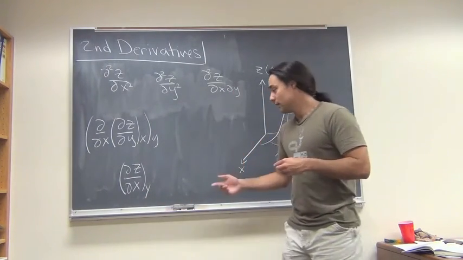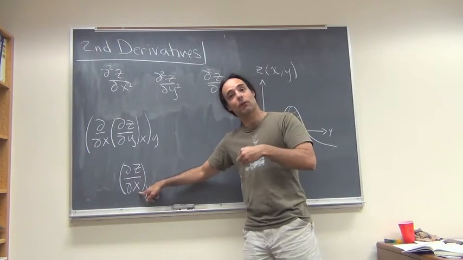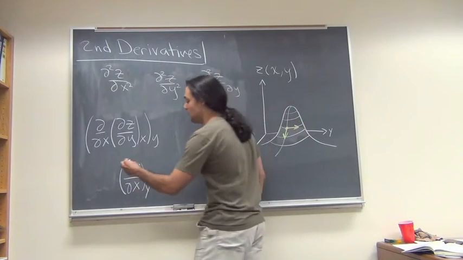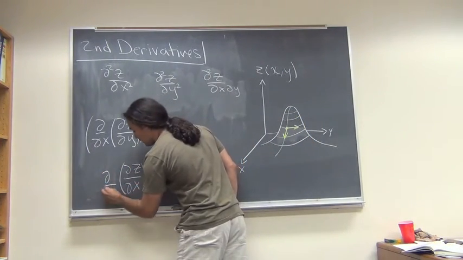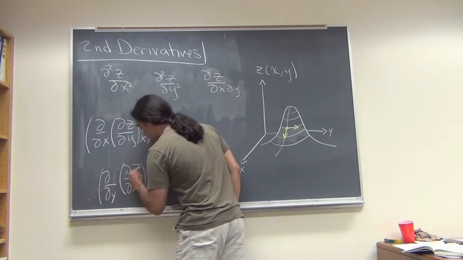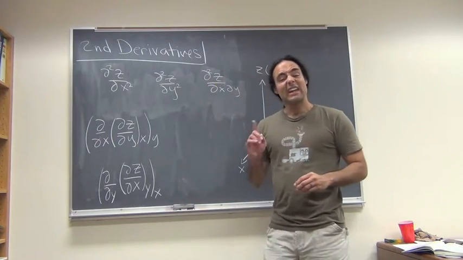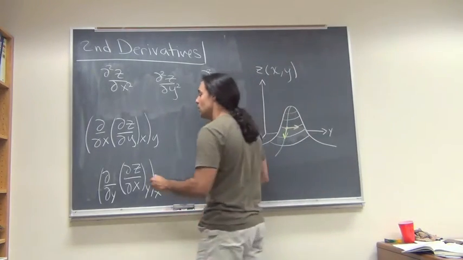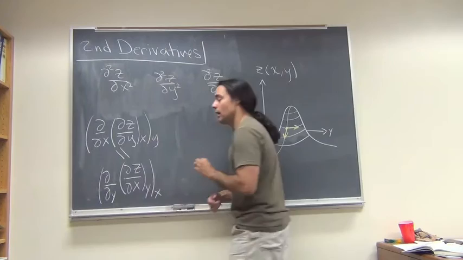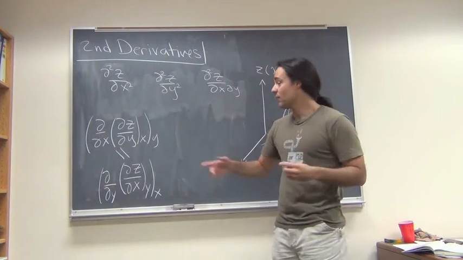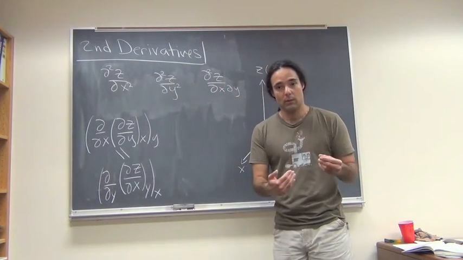Now I'm free to do the other derivative. I've already done d by dx. Now let's do d by dy, holding x constant. It should be true, if you have what's known as a state function, that these two things are going to be equal.